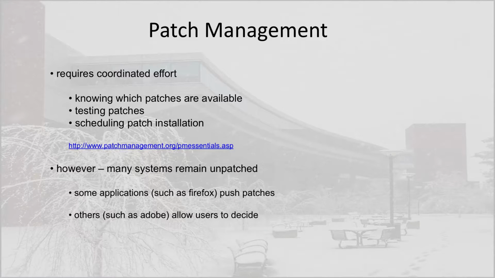Patch management requires coordinated effort, knowing which patches are available, testing the patches, and scheduling patch installation in a way that it has the least amount of impact on the organization. However, many systems still remain unpatched. Some applications, such as Firefox, will push patches to users. Other applications, such as Adobe, allow users to decide whether the patch is installed or not.